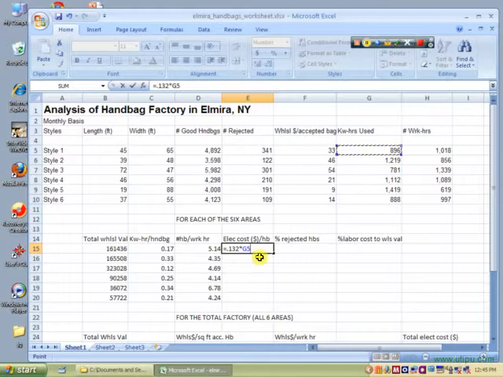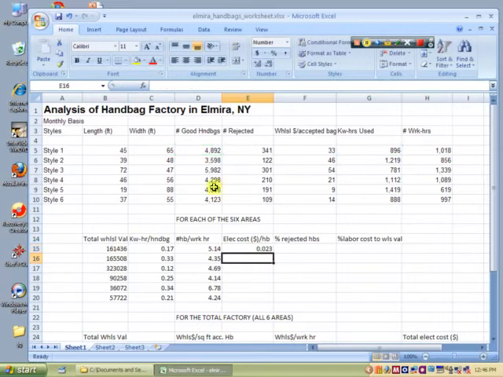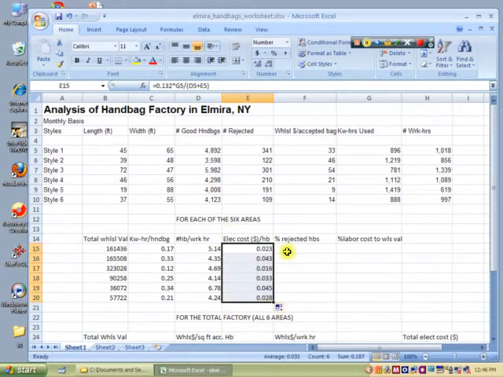Then per handbag. So per your total number of handbags would be your good and your rejects. So here your good plus your rejects, and that's your electric cost per handbag. 2.3 cents is what you're spending in electricity for each handbag.